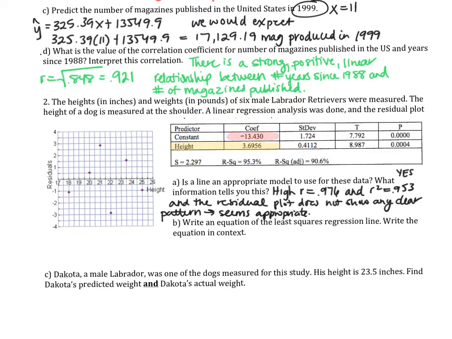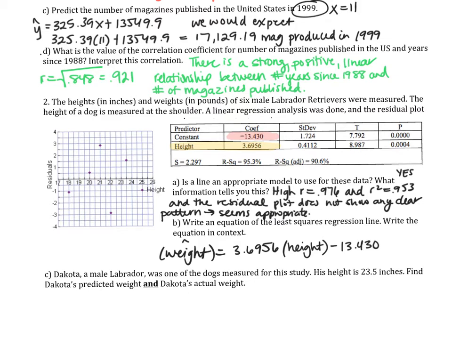And I have to just read the context for my y value, which in this case is weight. So we can say that the weight hat is equal to 3.6956x, which is height, minus 13.430.